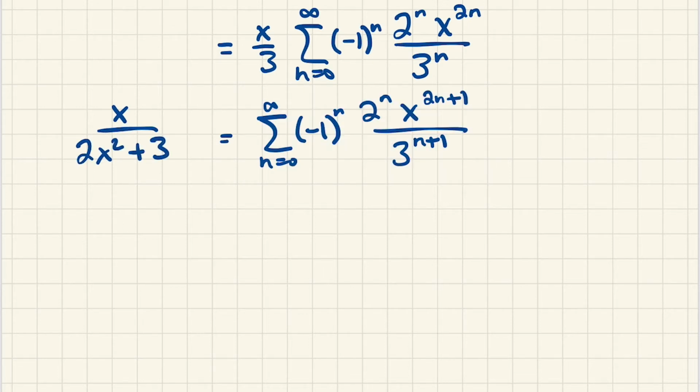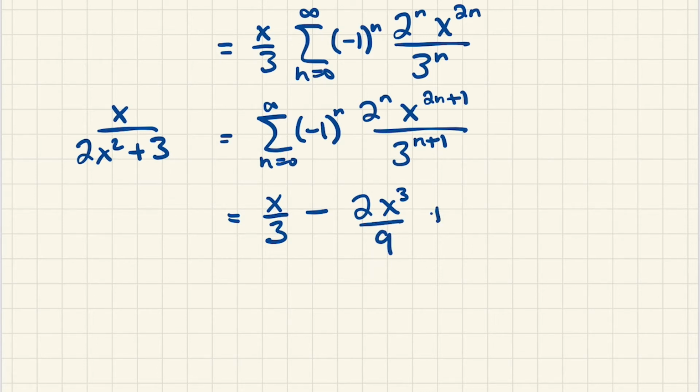All right, here it is written, of course, in sigma notation, but if you want the terms of this power series, you can plug n equals 0, n equals 1, etc. into this. And what would we get? We would get initially x over 3. And then when we plug n equal 1 in, we would get negative 2x cubed over 3 squared, which is 9.